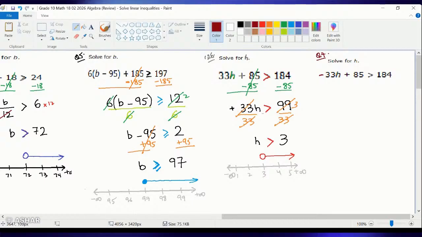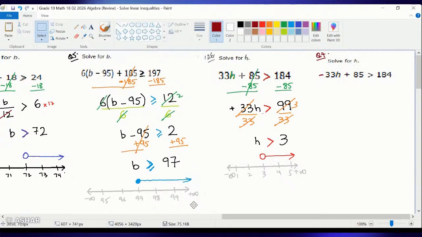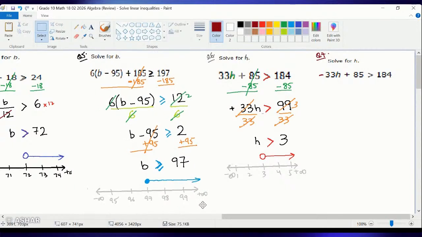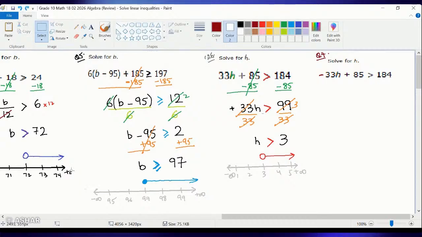Let's see what we can do over here. If the variable is with a negative sign, we can do the same working, right? We can subtract 85 on either side. We simplify. The only concern is the sign in the middle.